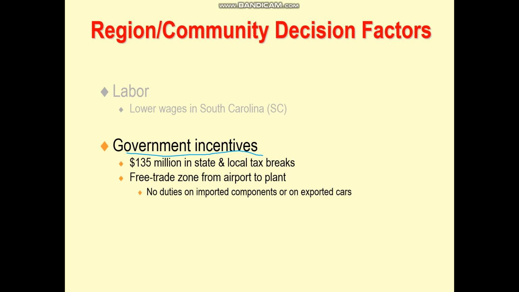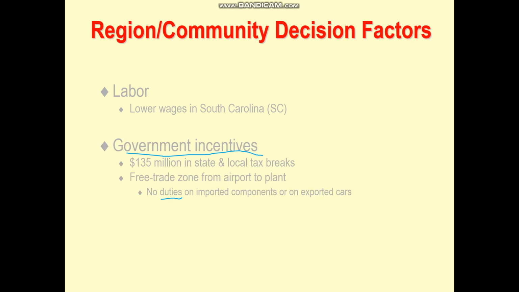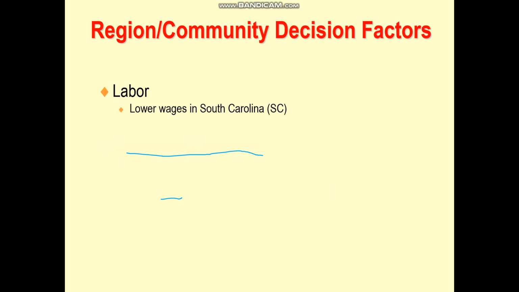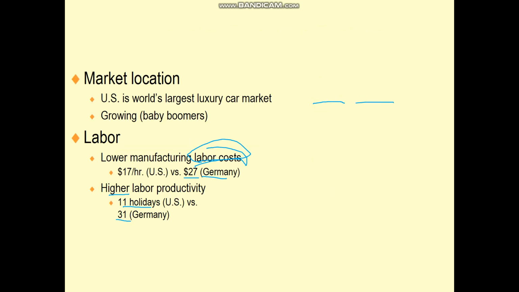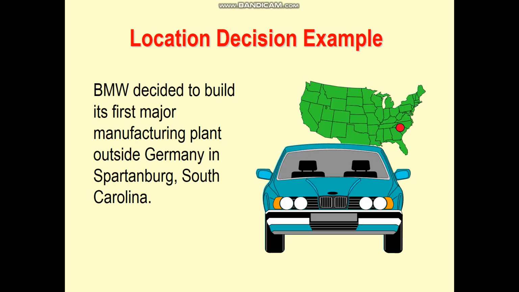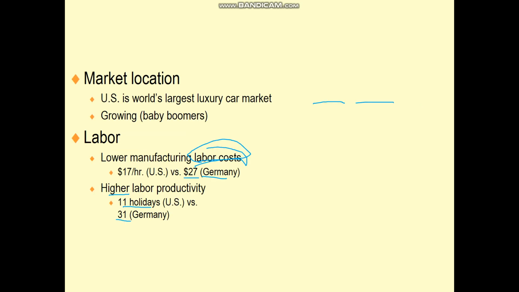In South Carolina, they have a free trade zone from the airport to the plant, and they don't need to pay any duties on imported components or on exported cars. So those are the advantages if they locate their manufacturing plant in US. That's why they decide to build their first major manufacturing plant in the US.